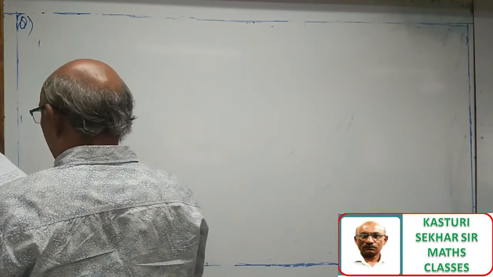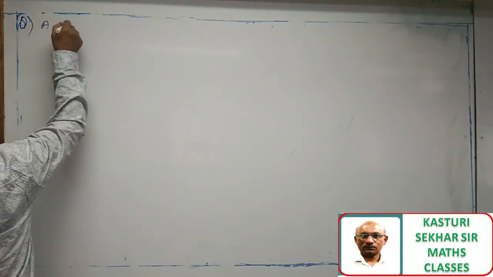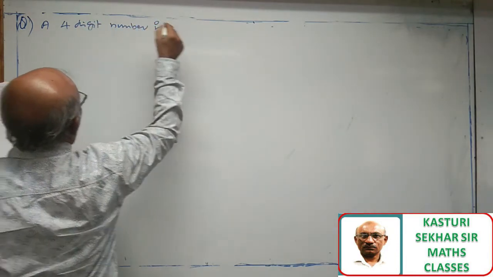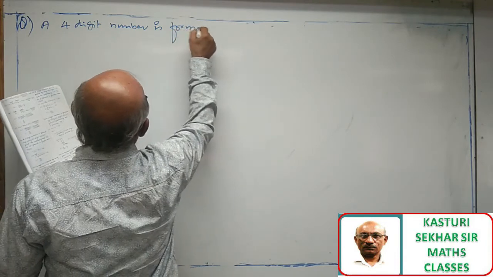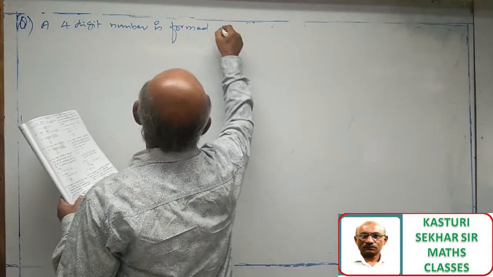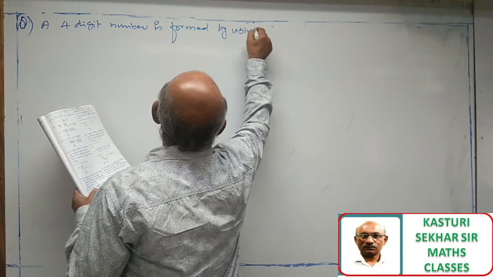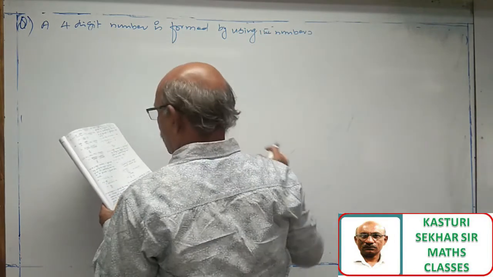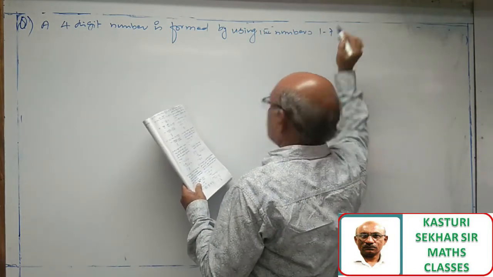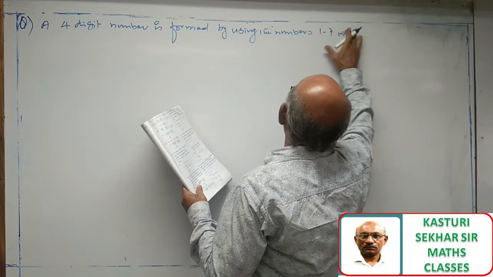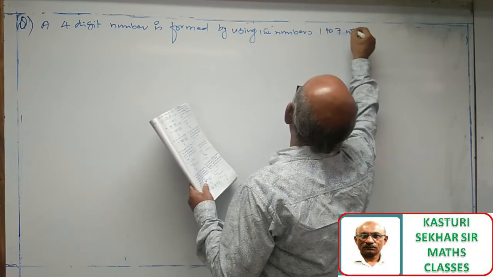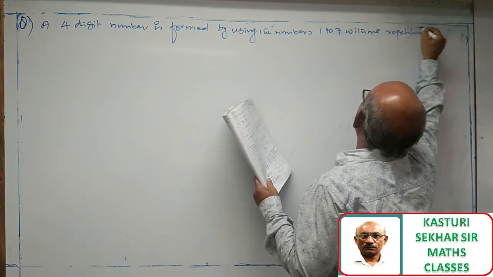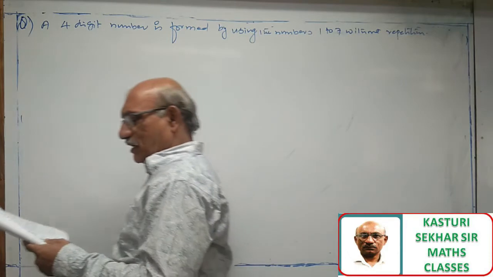A four-digit number is formed by using the numbers 1 to 7 without repetition.